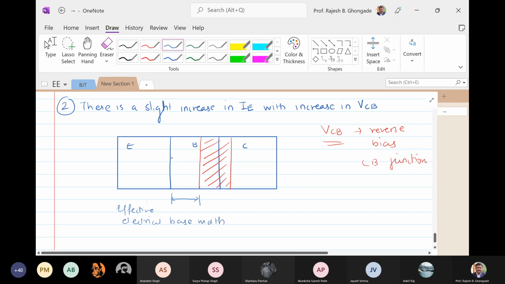इसका मतलब क्या हुआ कि तुम्हारा बेस रीजन और नैरो हो गया. ठीक है. अभी अगर बेस रीजन नैरो हो गया, समझो दिस इज अ NPN डिवाइस. यहाँ पे बहुत सारे इलेक्ट्रॉन्स अभी यहाँ पे जा रहे हैं, they are going here like this. और कुछ इलेक्ट्रॉन्स यहाँ पे रिकम्बाइन हो रहे हैं होल्स के साथ.